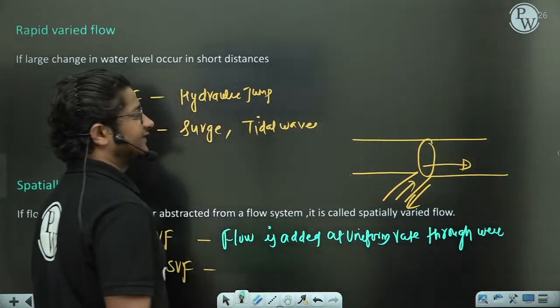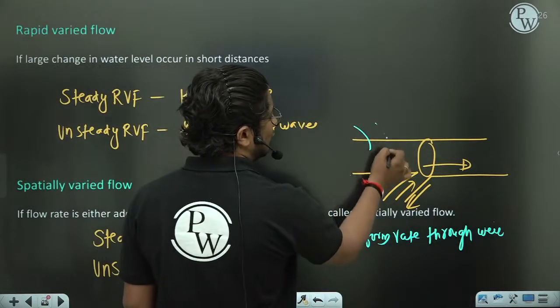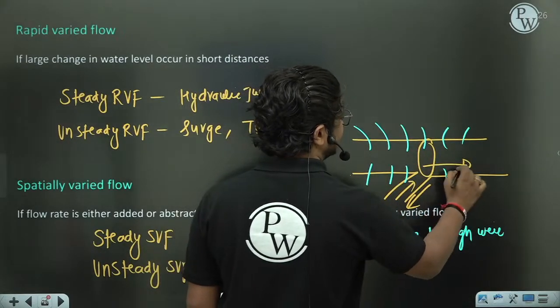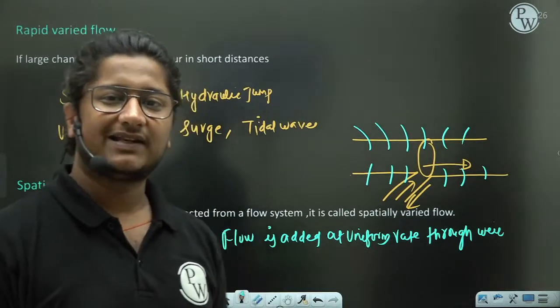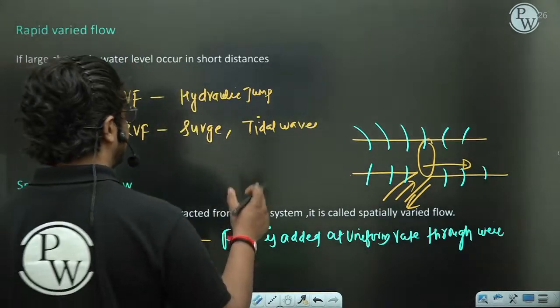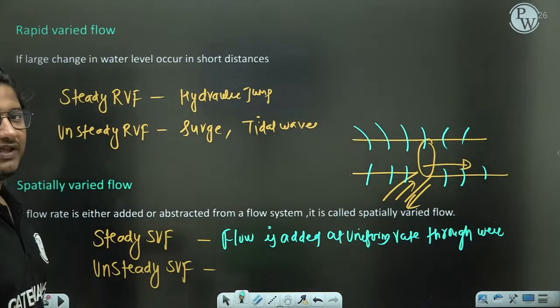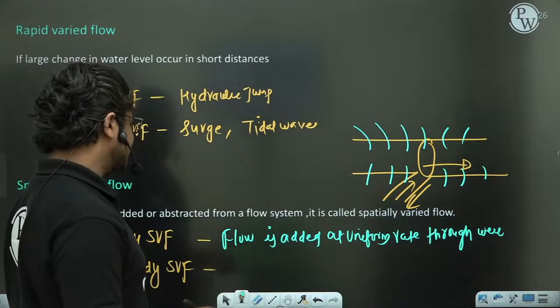And unsteady SVF will come during rainy season. During rainy season, what happens? From all directions, water is coming. Because of the surface runoff, from all directions water comes into the river, and in that case your change in depth will not be uniform. It will not be constant with respect to time.